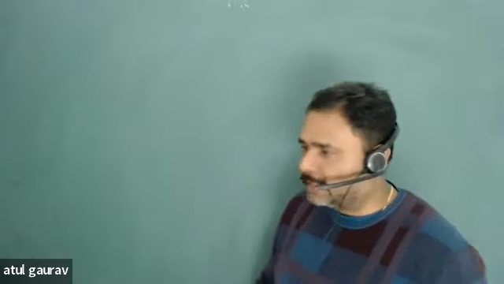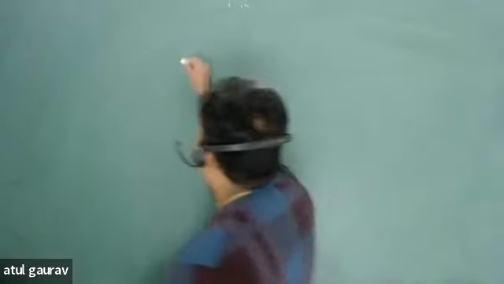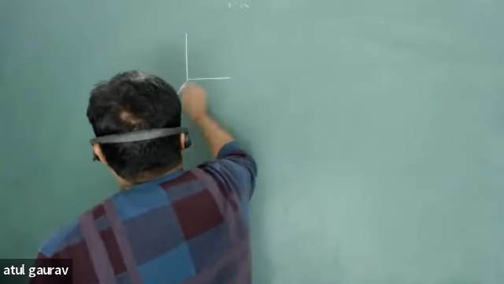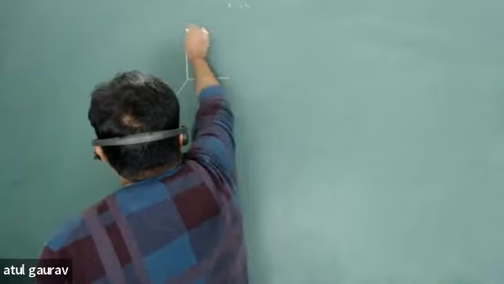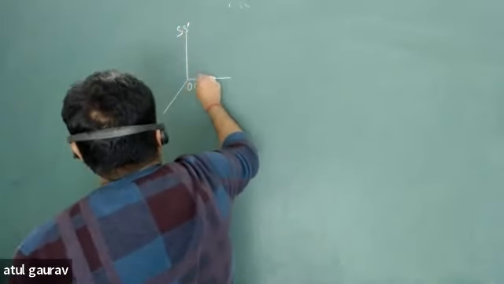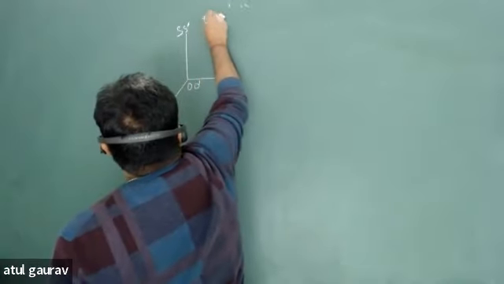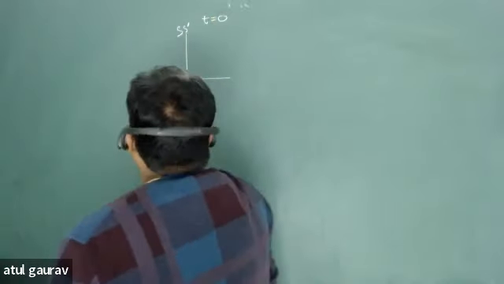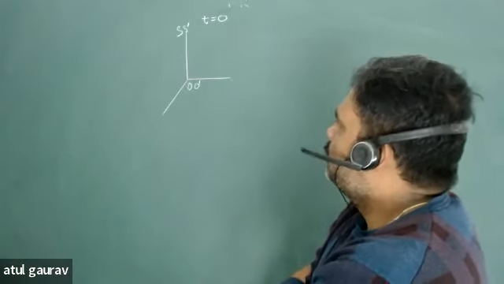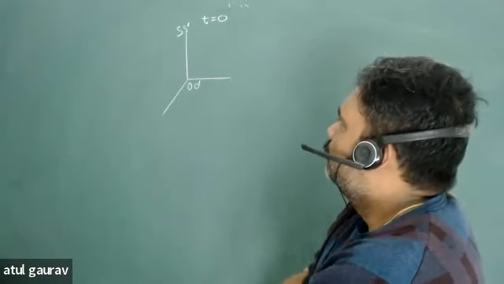Yes, when the origins coincide, then you are talking about t equal to 0. So at t equal to 0, the origins of S and S dash coincide. This is the scenario at t equal to 0.